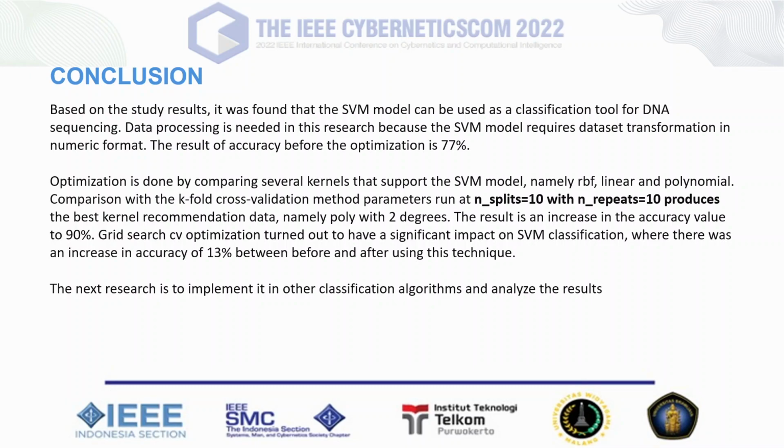Optimization is done by comparing several kernels that support the SVM model, namely RBF, linear, and polynomial. Comparison with the k-fold cross validation method run at n-splits 10 with n-repeats 10 produces the best kernel recommendation, namely poly with 2 degrees. The result is an increase in accuracy to 90%.